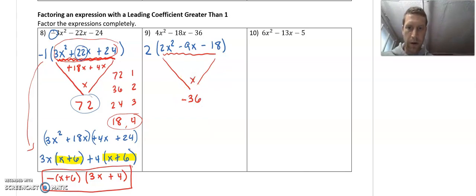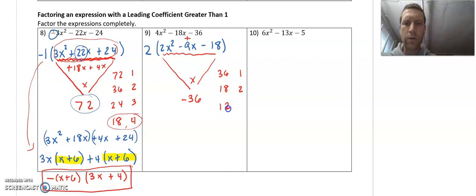So I want to find a pair of numbers that will multiply to negative 36 and add to negative 9. So to multiply to be a negative, it's going to be 1 positive, 1 negative. So let's see. 36 and 1 multiply to 36, but if I make one of those negative, it's not going to add to negative 9. 18 and 2, that's not going to work.